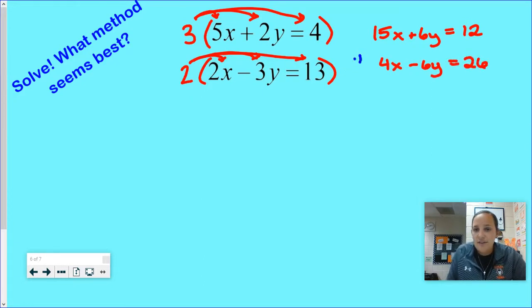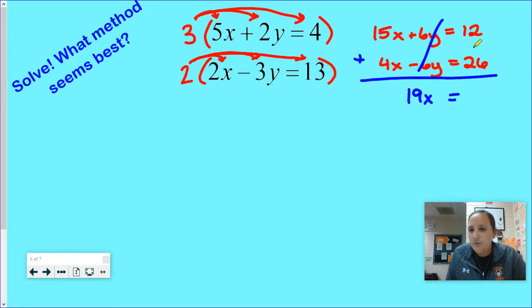My next step is to add downwards, and we're going to see that the y's cancel. So when I add downwards, 15 plus 4 is 19x equals 12 plus 26 is 38. I divide by 19 on both sides, and x equals 2.